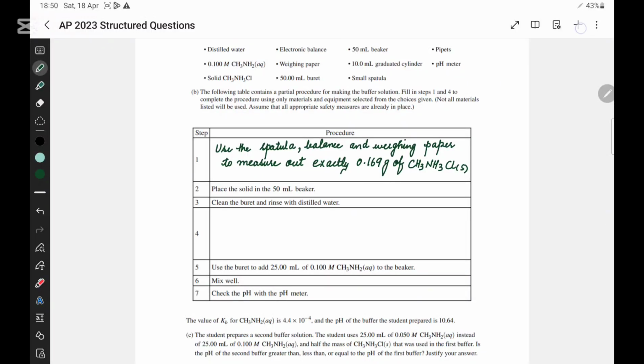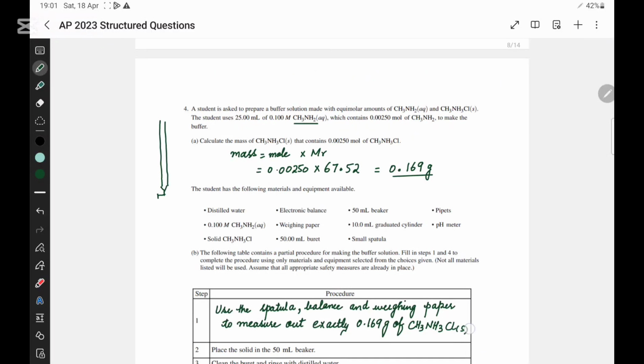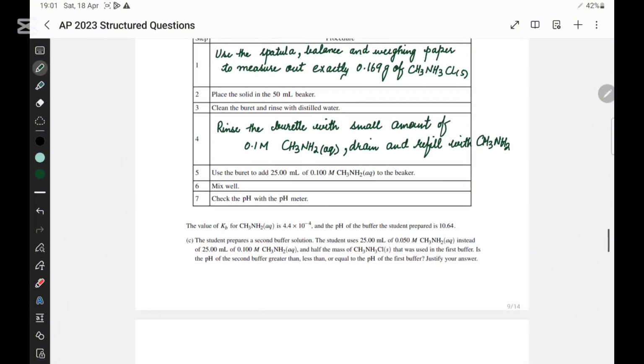So how can we write it? This question is saying in the C part that the pH of the buffer the student prepared is 10.64, and the student prepares a second buffer solution. The student uses 25 milliliter of 0.050 molar CH3NH2 instead of 25 milliliter, and half the mass of CH3NH3Cl.